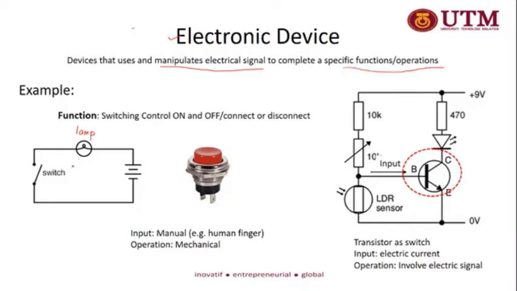Let's say when the room is darker, we will turn on the switch. We will close the switch and then we will connect the electrical connection and make the lamp turn on. So this is what we call switching. So we switch the lamp on.